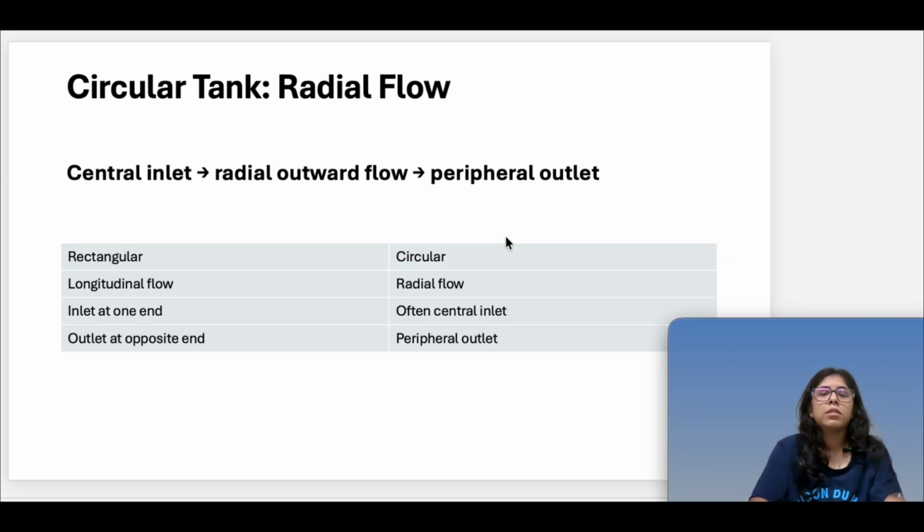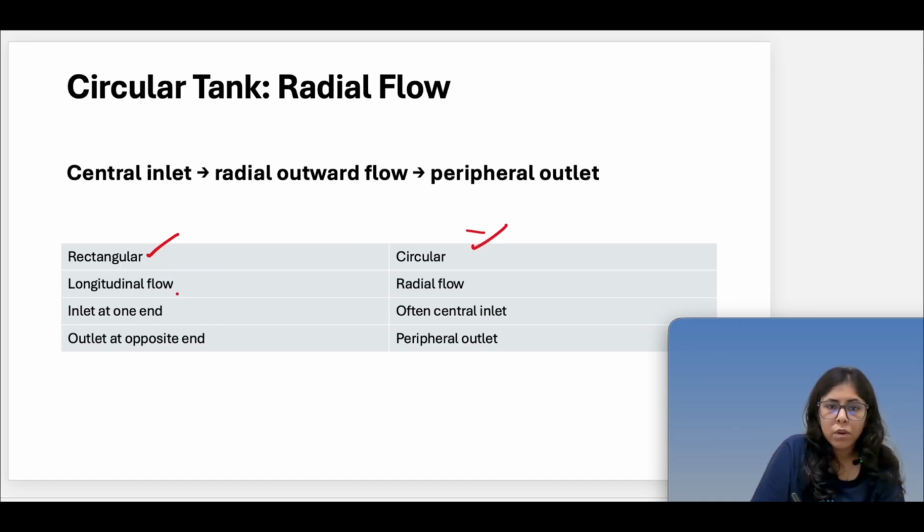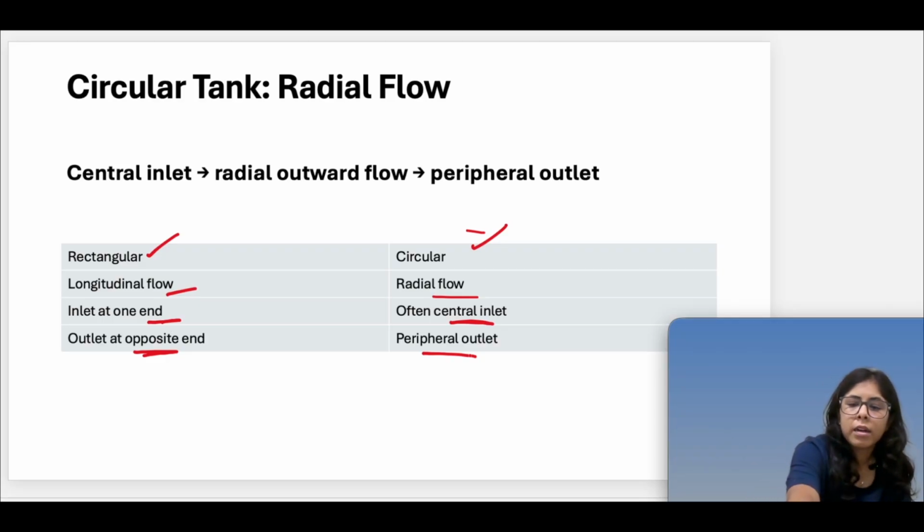If I want to compare the rectangular with the circular, here we have longitudinal flow, here we have radial flow. Inlet is at one end, but here the inlet is often at the center. Outlet is at the opposite end, right? But here it's the peripheral outlet. Everywhere the outlet will be there, water will be collected.